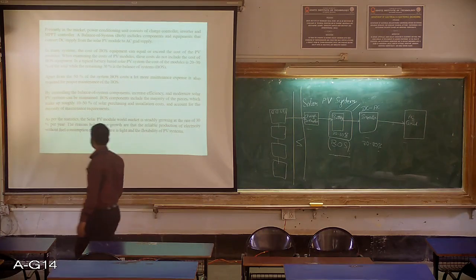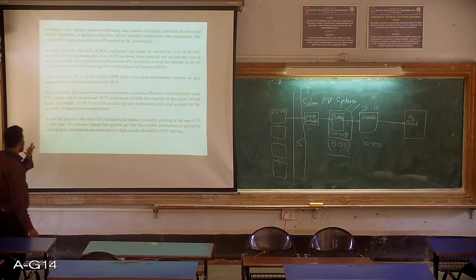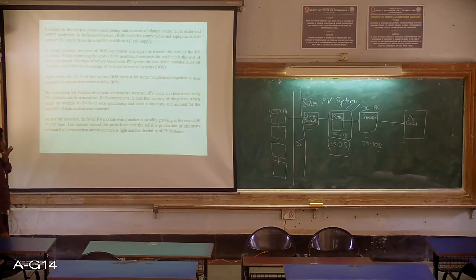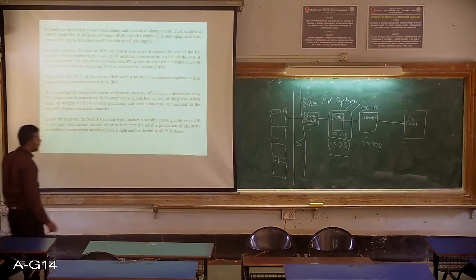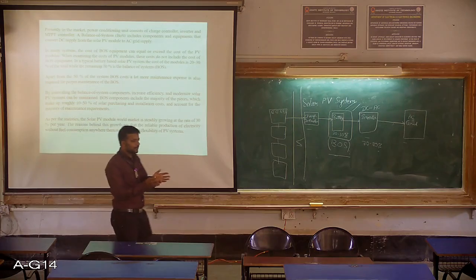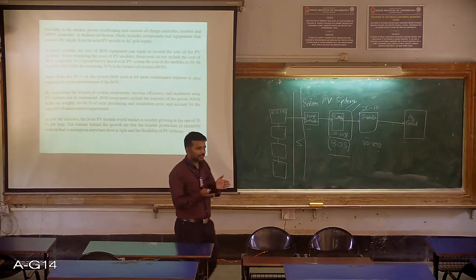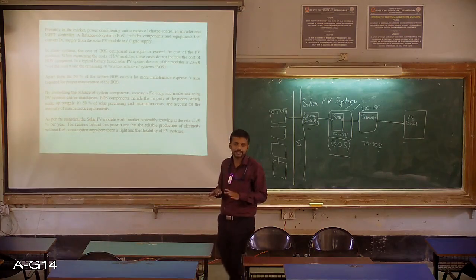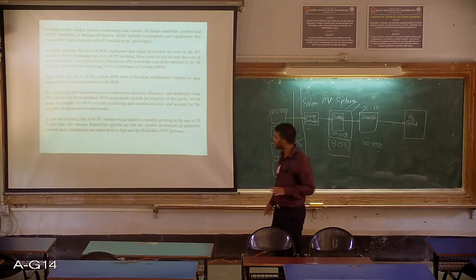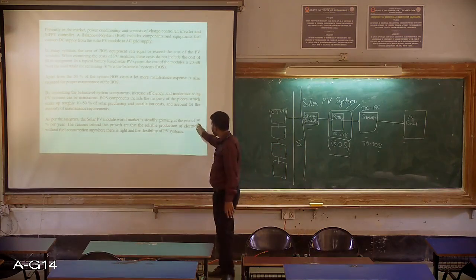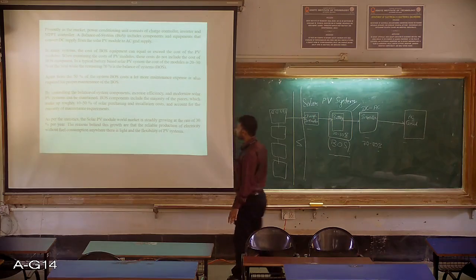As per the statistics, solar PV modules in the world market are steadily growing at a rate of 30% per year. Means the installation of solar plants, the overall solar installation at the world level, is increasing at a rate of 30% per year.